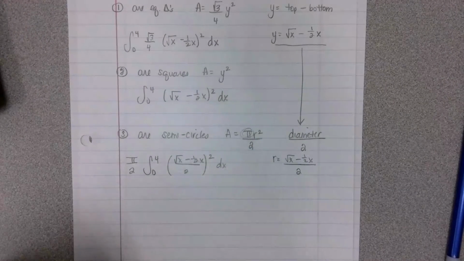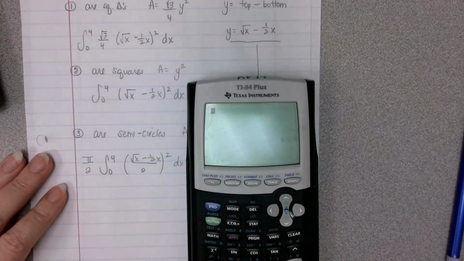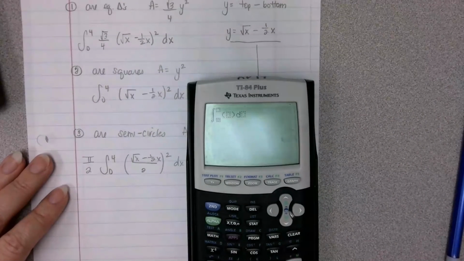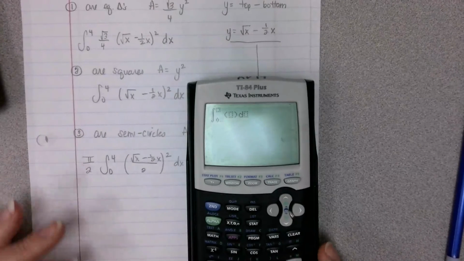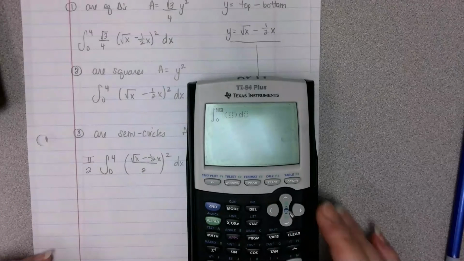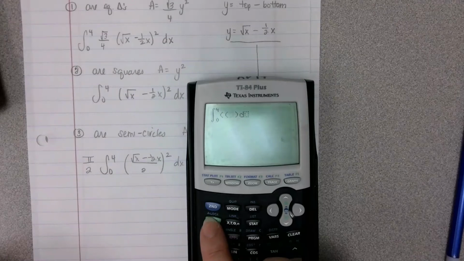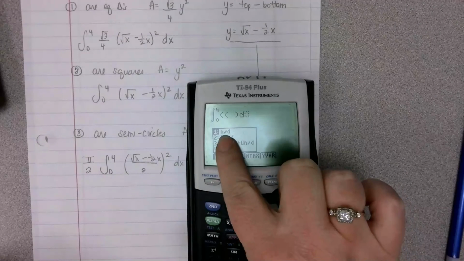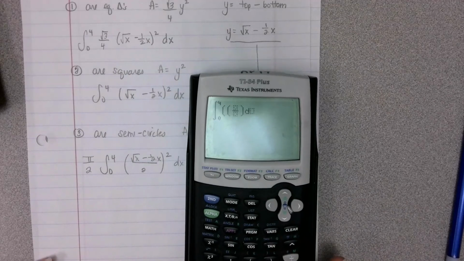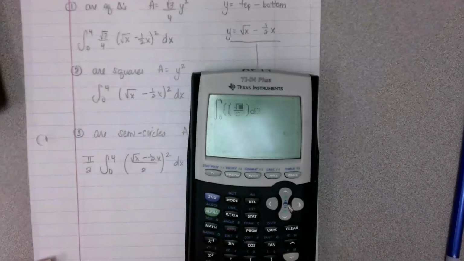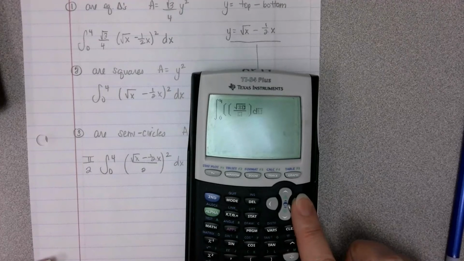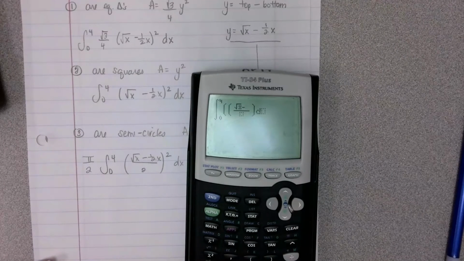So what I would do for this is I would do my math 9, and I'm going from 0 to 4. Now, I do the parentheses, and then I'm going to say alpha, this little green alpha, y equals, and I'm going to get to that fraction bar. And then I've got the square root of x, the right arrow key, minus 1/2 x.